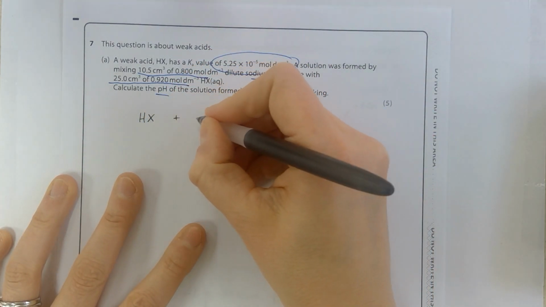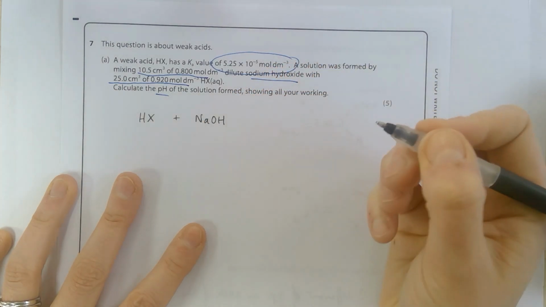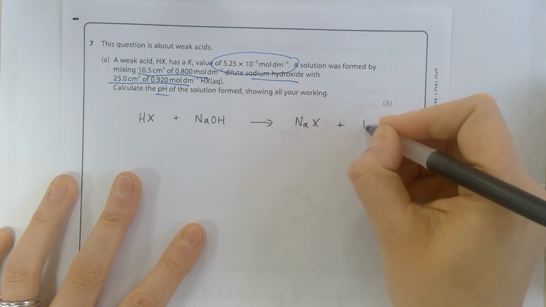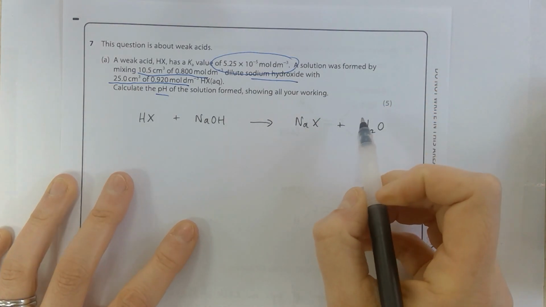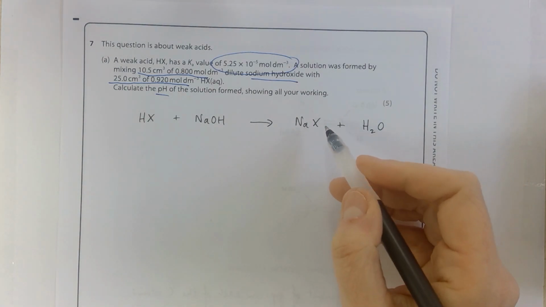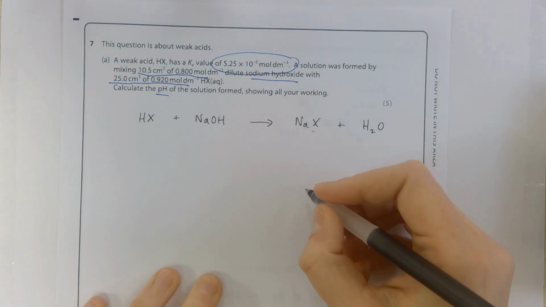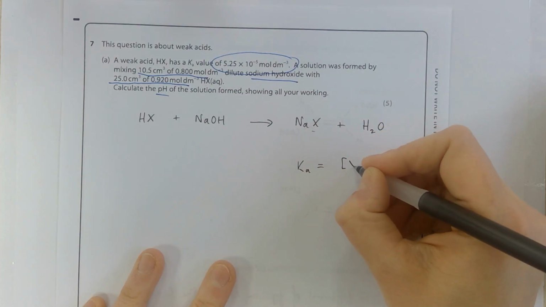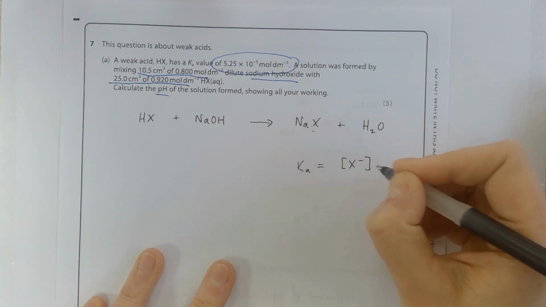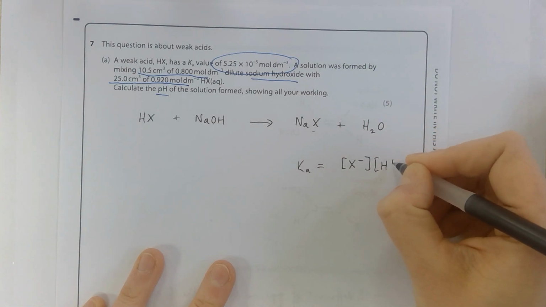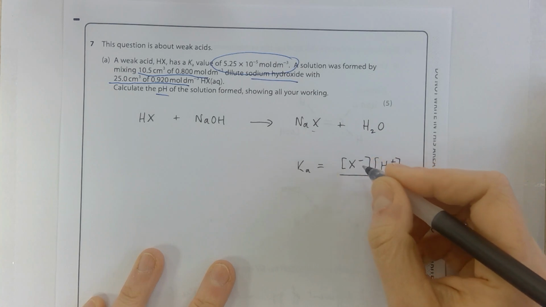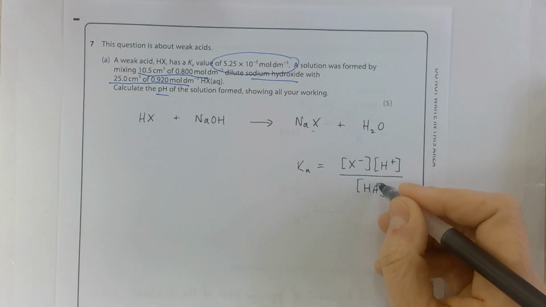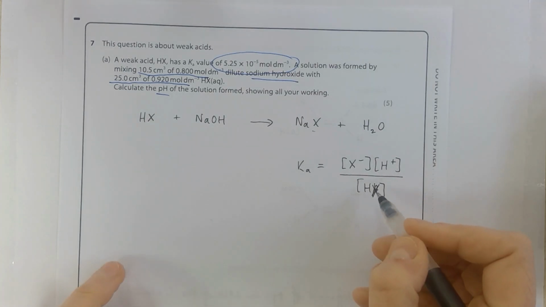So I'm reacting HX with NaOH to start with. That's the first reaction that's happening. So I'm going to form NaX plus H2O. The products don't matter too much, although I'm going to keep in the back of my head that Ka equals, for a weak acid, the concentration of H plus multiplied by the concentration of the counter ion X minus divided by the concentration of the undissociated acid, HX.